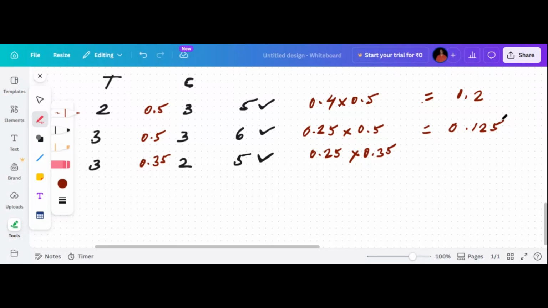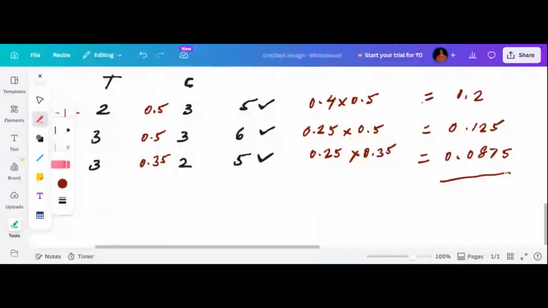And 0.25 into 0.35 is 0.0875. The total is 0.2 plus 0.125 plus 0.0875, that's equal to 0.4125.